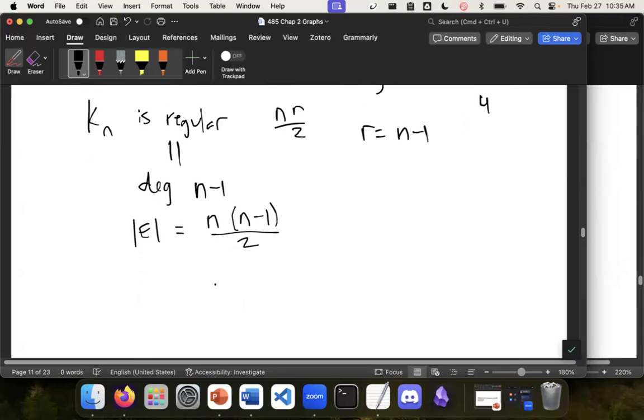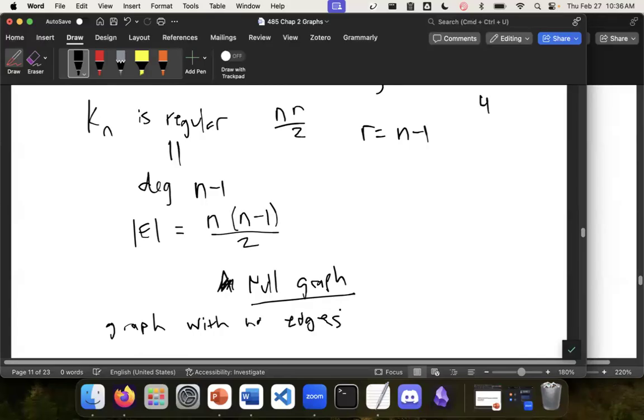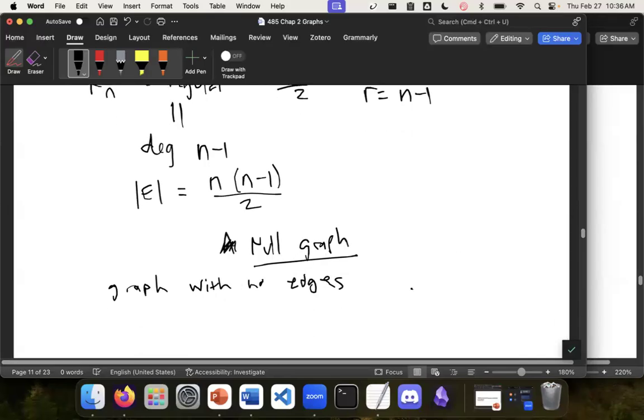That's a special kind of regular graph. Another kind of regular graph is a null graph, which honestly I have never seen because it's fairly uninteresting. A null graph is just a graph with no edges, so just vertices. We write it with capital N, and then the subscript is the number of vertices.